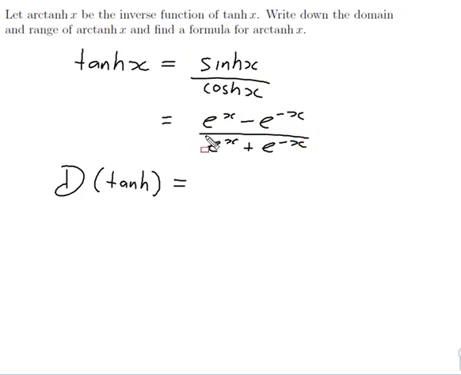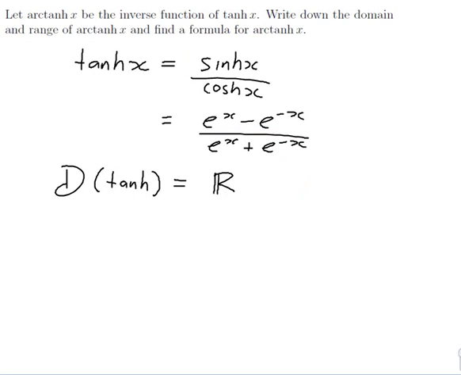The only other issue would be if the bottom was 0. Now, e to the x and e to the minus x can actually never be 0, and they're added together, so the bottom's never 0 either. So I'm okay, I can put whatever number I like into tanh, so the domain is the set of all real numbers.